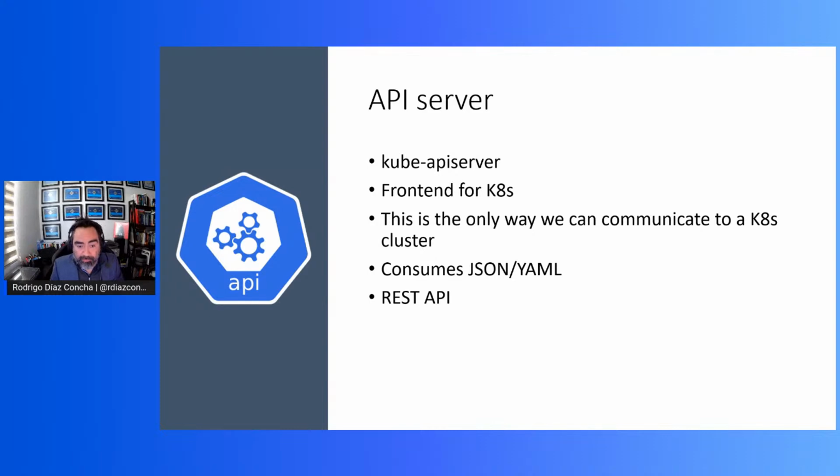So this is the front end for Kubernetes, right? You execute any kind of command and you're communicating to the API server. And actually, this is the only way we can communicate to a Kubernetes cluster, right? This is the thing that allows us to execute something or configure something in the cluster.